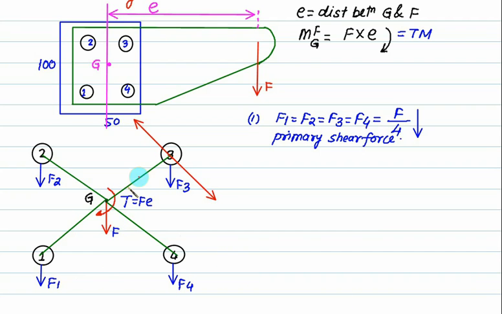So this one is the shortest distance to this point, and we want this type of moment. This moment is divided among the 4 rivets, depending upon their distance from this point. Let's call this length L3.